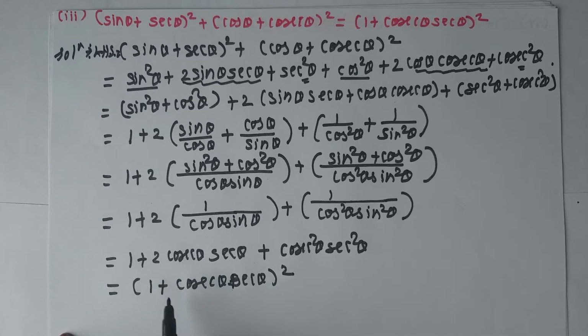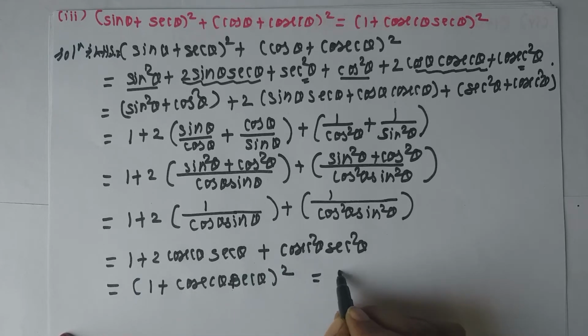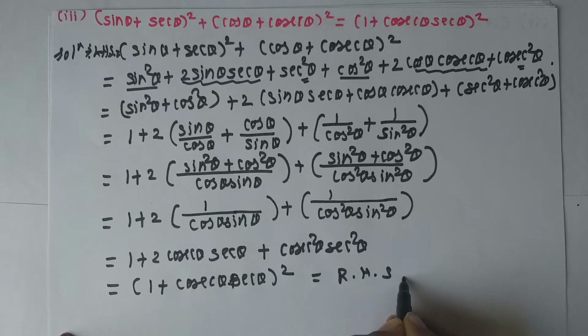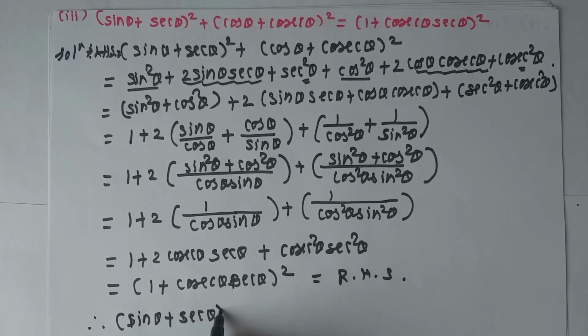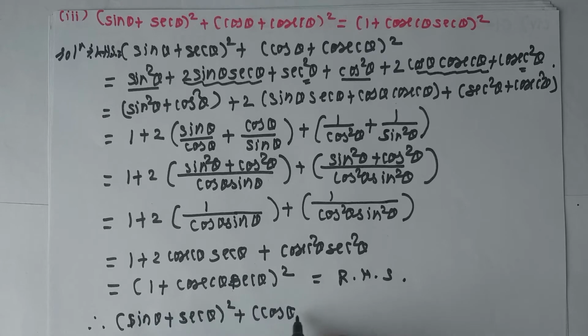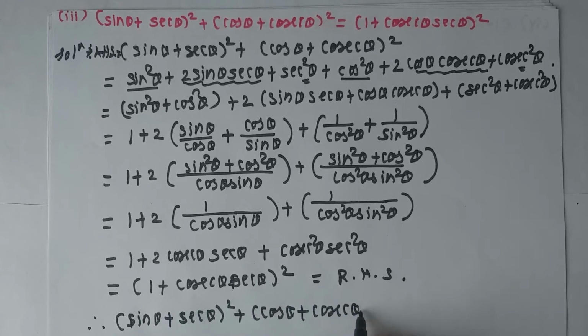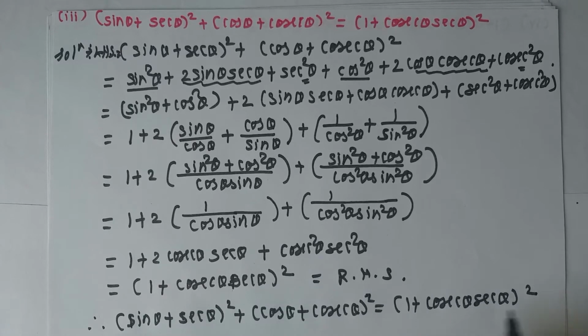See, first term square, 1 square, that is 1, 2 times first term into second term plus second term square. This is equal to the right hand side. Okay, in this way you write down, therefore in the last step, sin theta plus sec theta bracket square plus cos theta plus cosec theta bracket square is equal to 1 plus cosec theta into sec theta bracket square. In this way, we have proved left hand side equal to right hand side.